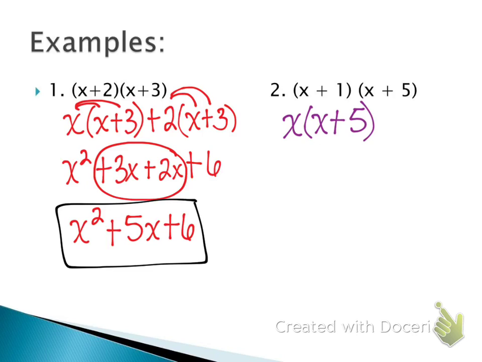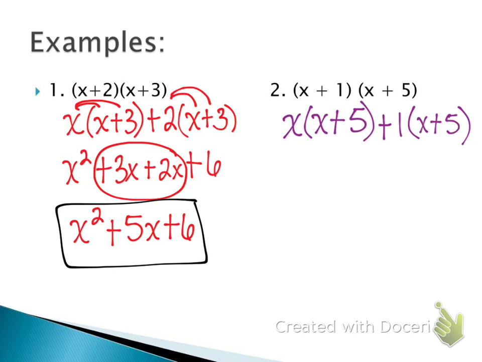I then need the second term from the first binomial. Delaney, what's the second term in the front? The 1. So it's a positive 1, I'll put plus 1. I have to multiply that to the second binomial. Tariana, what is it? X plus 5.